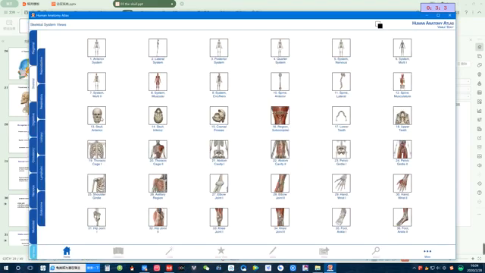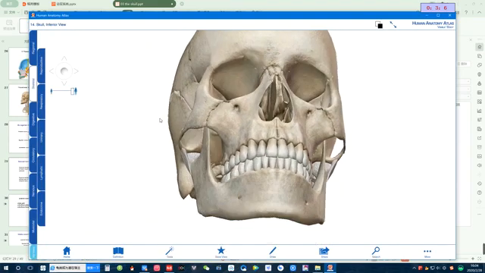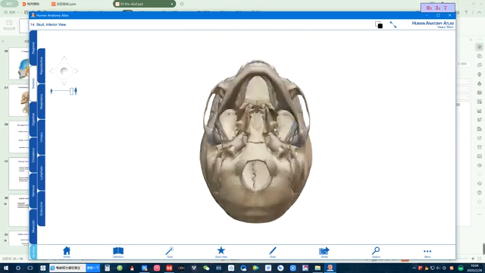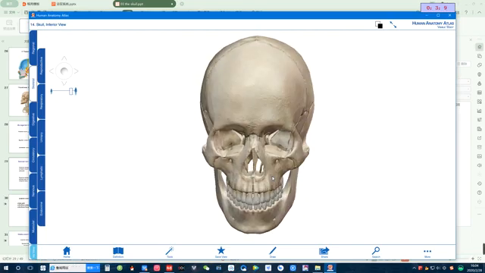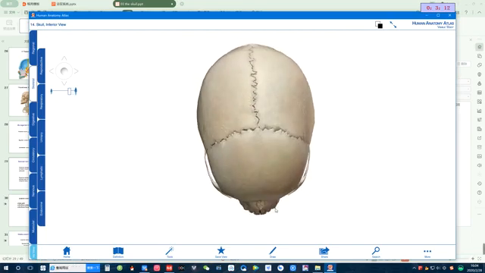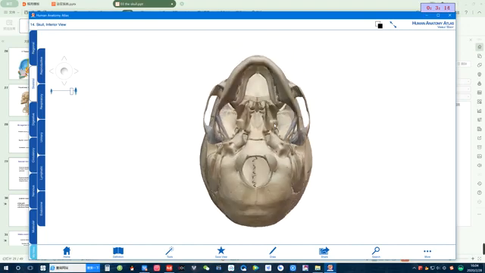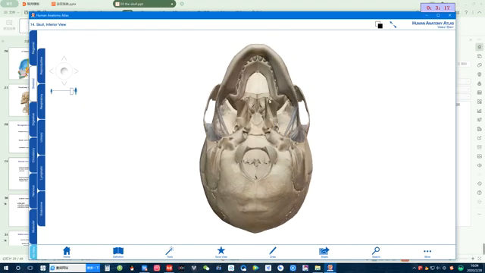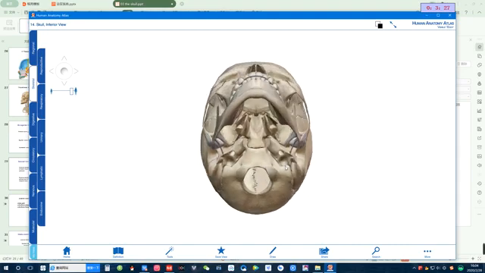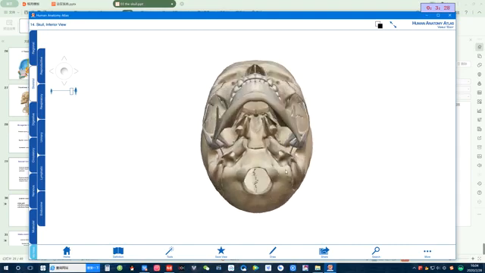Now let's see the skull. Here is the top. Here is the base. And when you see the base from below, this is the external surface, the external view of the base of the skull.